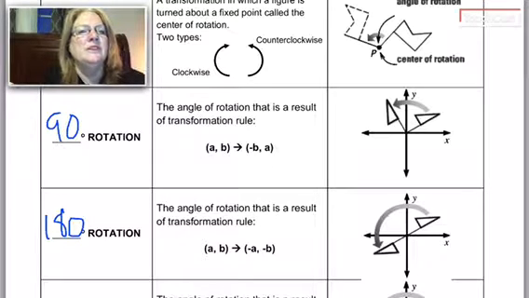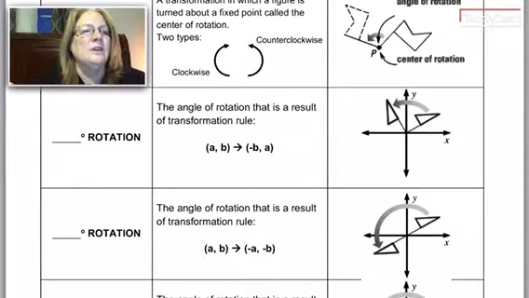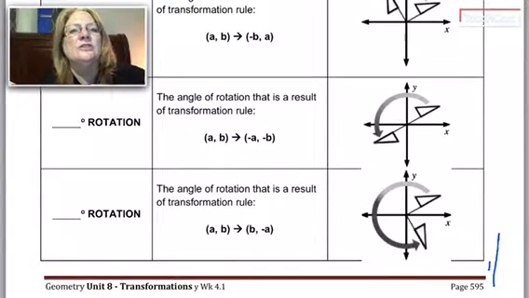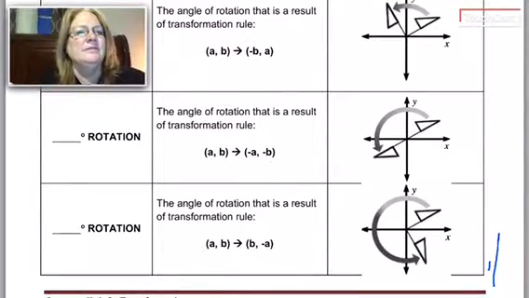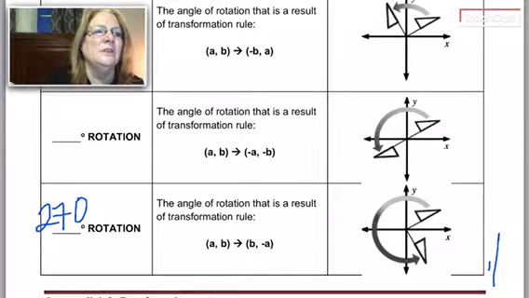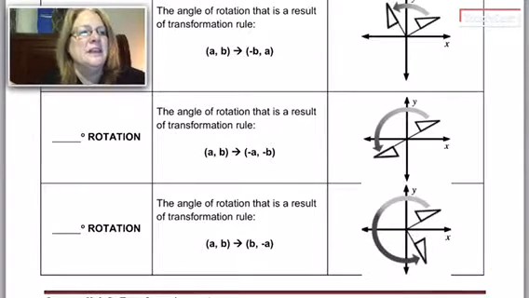So you keep the same order, you just change the signs. And then the last one is the 270-degree rotation, and the rule is (a, b) becomes (b, -a). So let's look at examples.